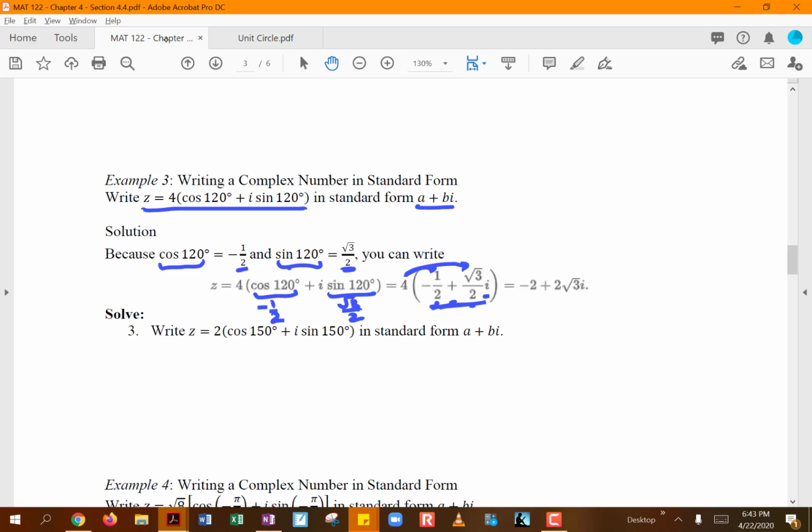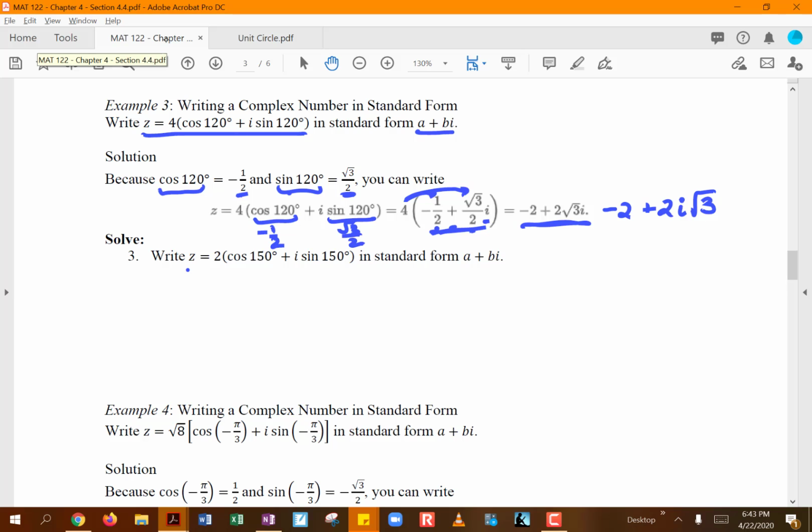So this 2 on the denominator will go ahead and cancel out that 4, and that's how you end up getting negative 2 plus, and again, I would actually write this as negative 2 plus 2i square root of 3. Put that i in the middle, okay? So that's how you end up converting it from a trigonometric form into a standard form for the complex numbers.